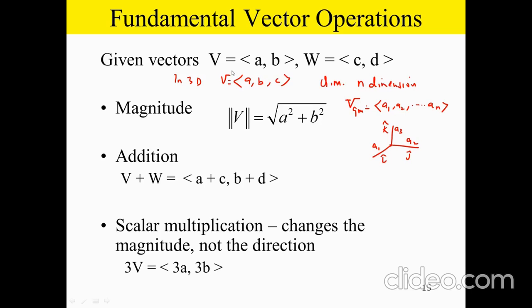Okay, and right now we are talking about only two dimensions, but as you might be aware, when you go to a three-dimensional case, your notation can change from a comma b to a comma b comma c, because now we will be considering the three dimensions of your axes, and in each dimension these a, b, c represent the magnitude of the vector in that particular direction.